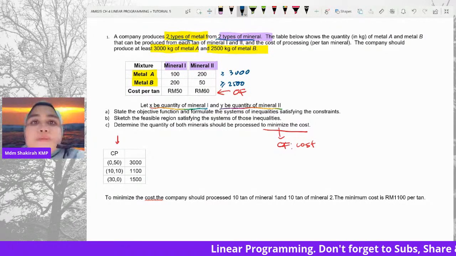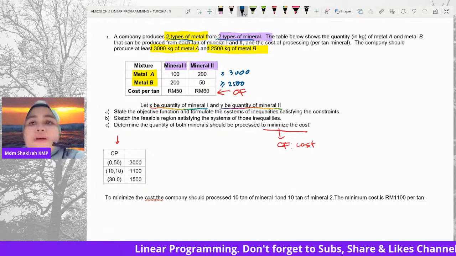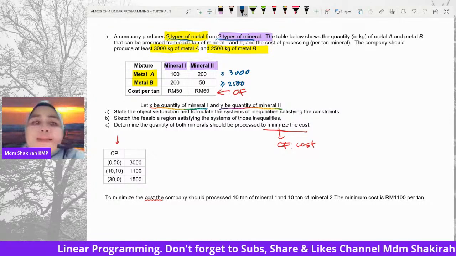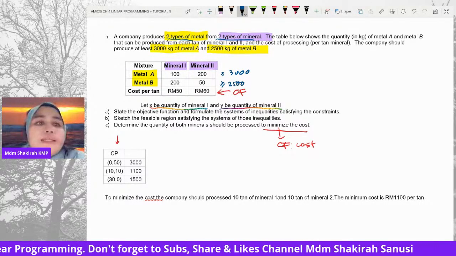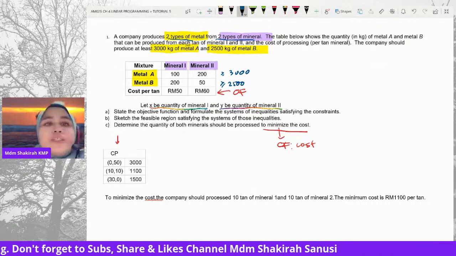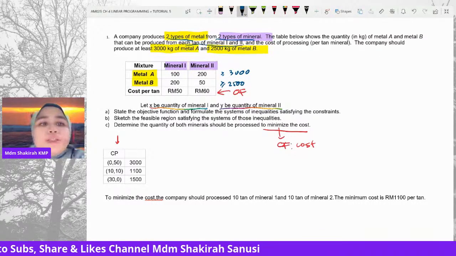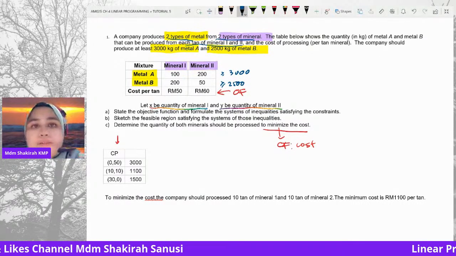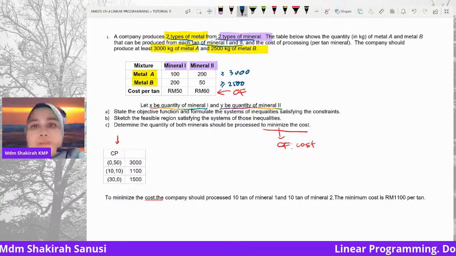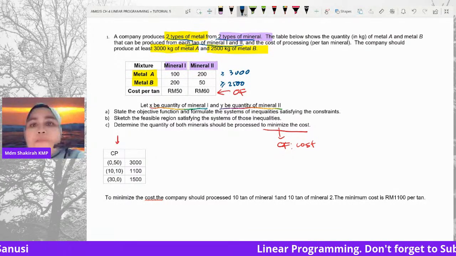The table below shows the quantity in kilo of metal A and metal B that can be produced from each ton of mineral 1 and 2, and the cost of processing per ton of mineral.